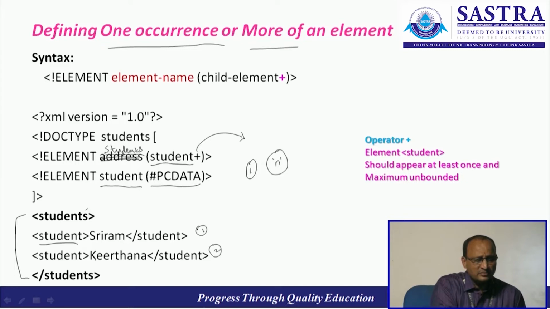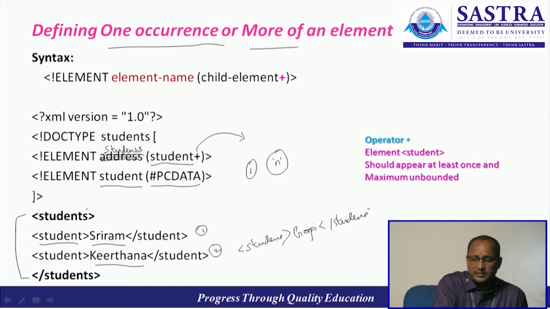Every time the student element is repeated, only the value will be changed. If I want to include one more, then I need to write student Gopi. I have given the same.